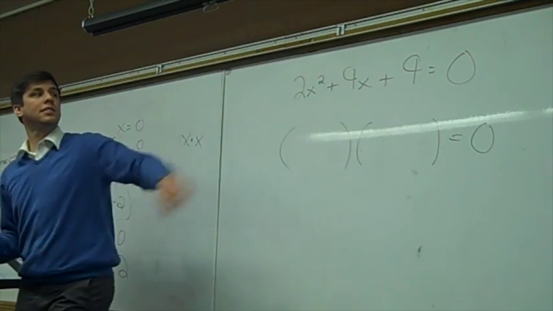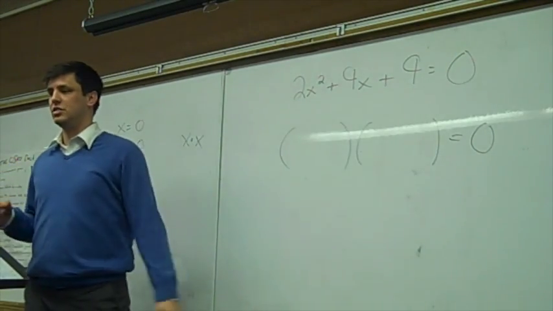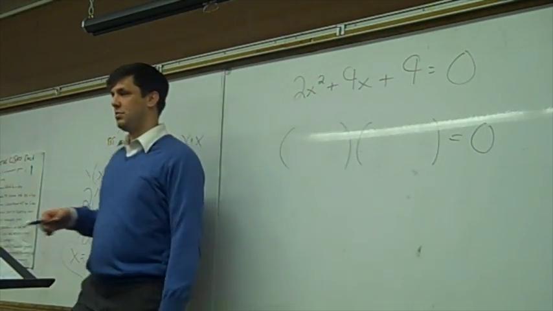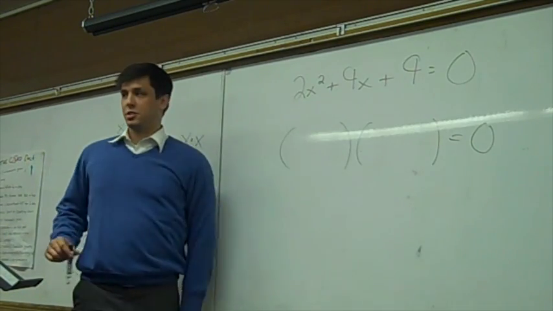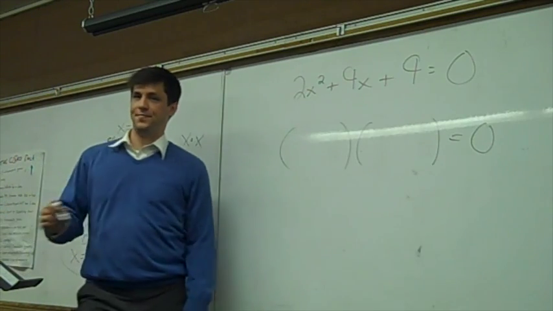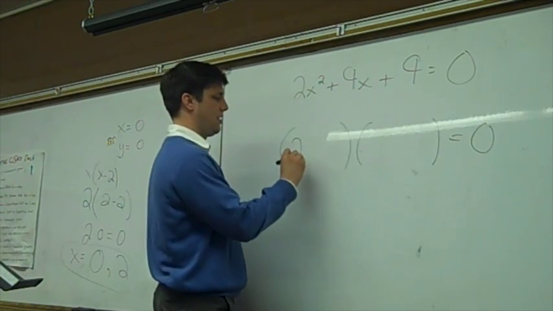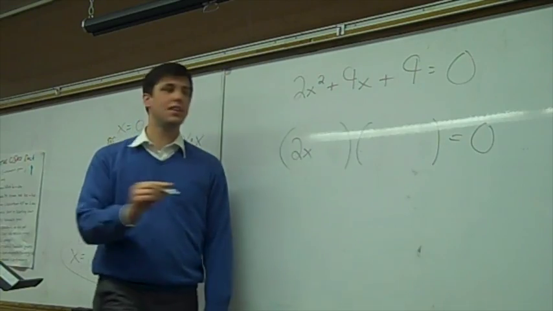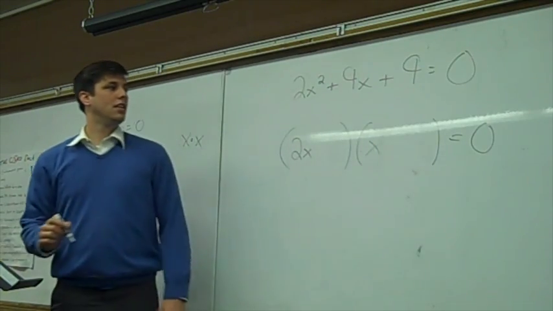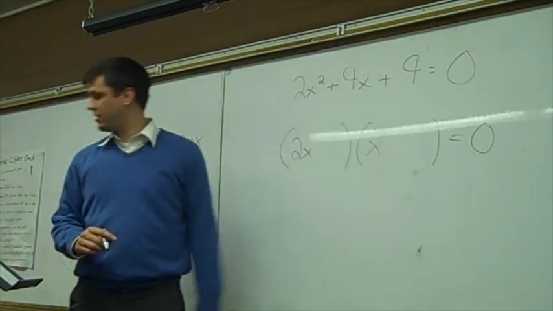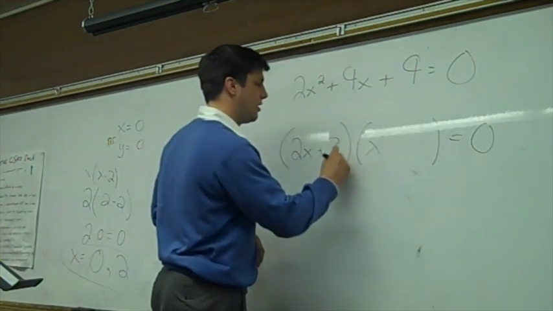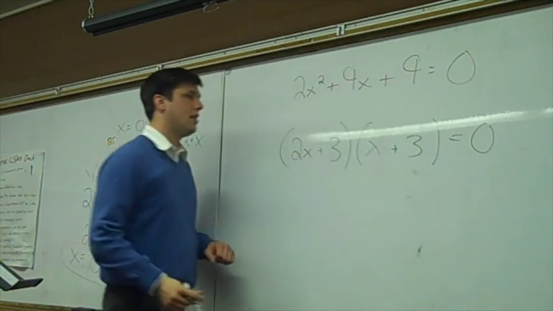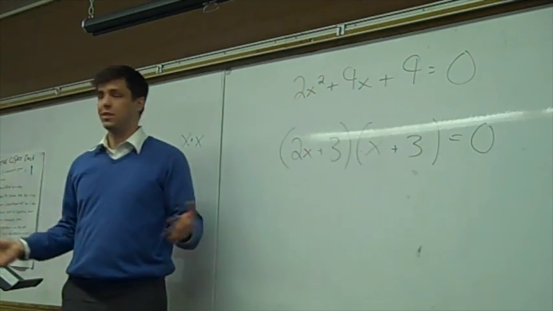There's no x in that last term, so we do not have a GCF. 3 terms, trinomial method. What multiplies to 2x squared? 2x and 1x. What multiplies to positive 9? There's a few options. 3 and 3. Let's go with 3 and 3. And yes, that will FOIL out to create this.